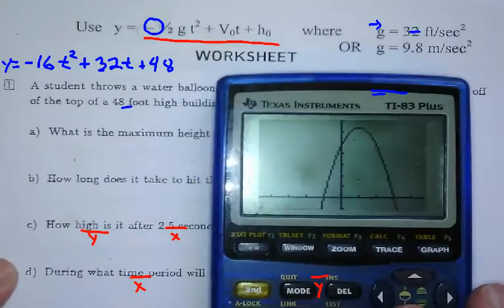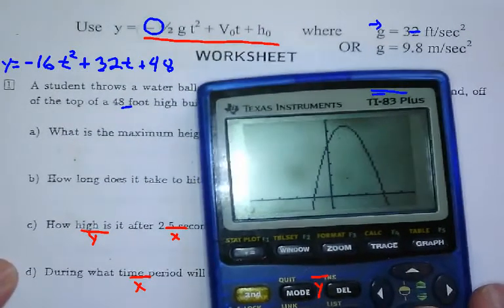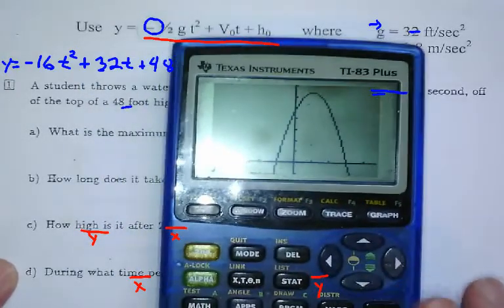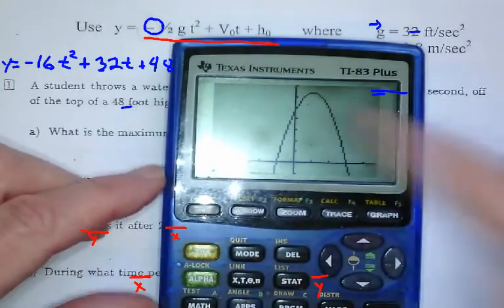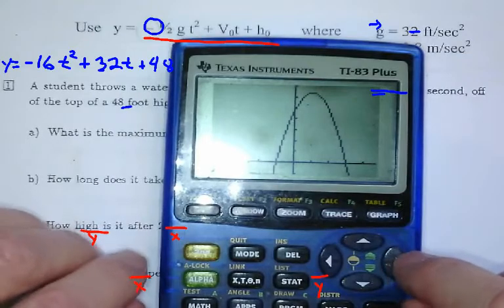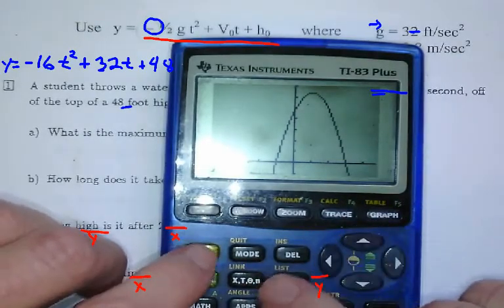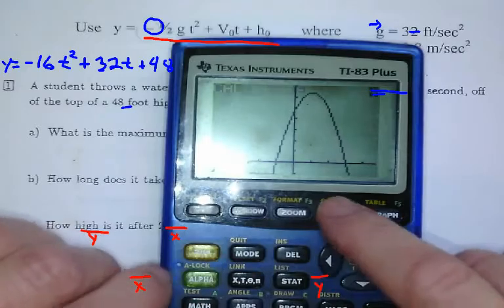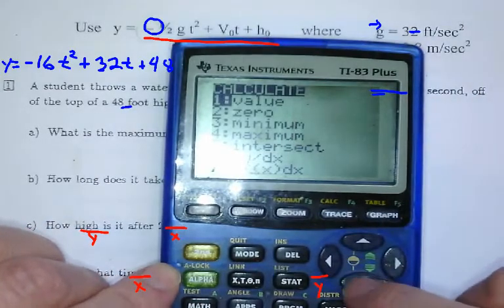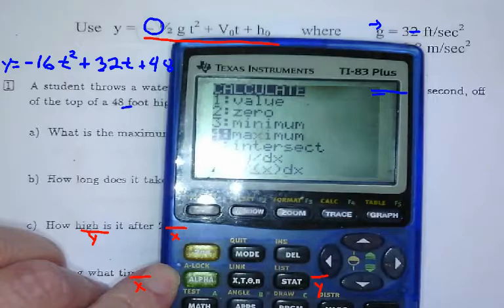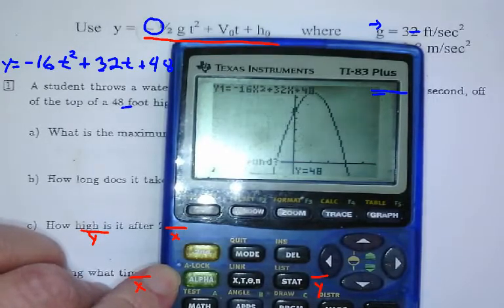Okay, so the graph looks like that. That's the graph right there. Now then, what I want to do is I want to be able to find the vertex, right? So check this out. If you do second trace, there's a menu, and they ask you if you want to find the maximum, and yes, I do, because the maximum is the y value, right?